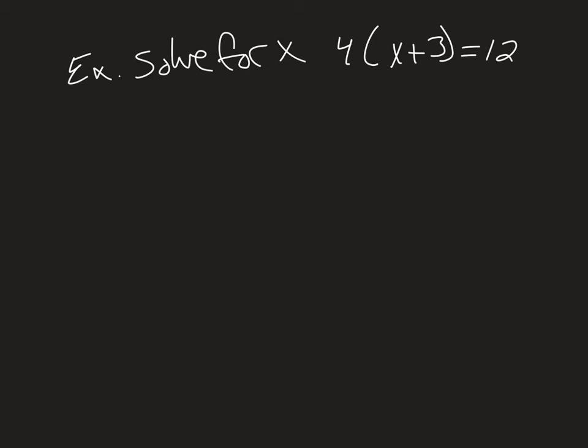So this one, I have 4 times the quantity x plus 3 equals 12. There are technically two approaches you could take here. One approach, I could say, all right, let's multiply everything by 4. Let's distribute it in.